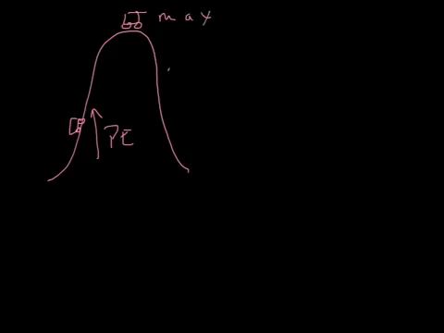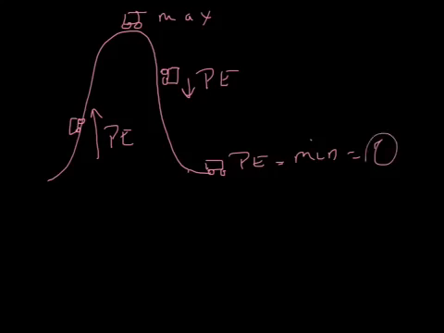And then as we go down the hill, our potential energy decreases. And at the very bottom of the hill, our potential energy is at the minimum, or the lowest part. It can be, if it's sitting on the ground, 0. Okay? That is only if it's sitting on the ground.